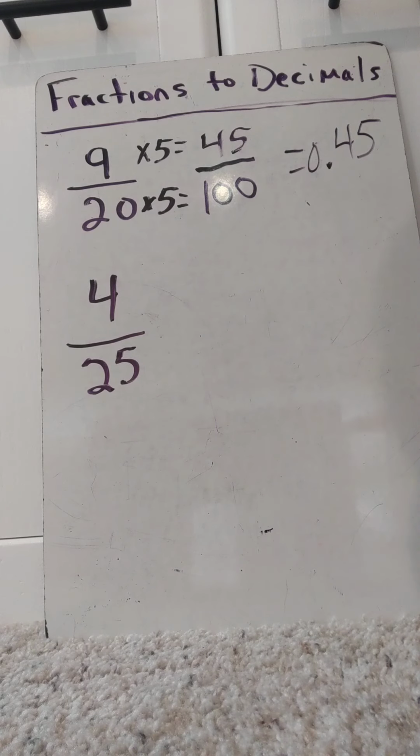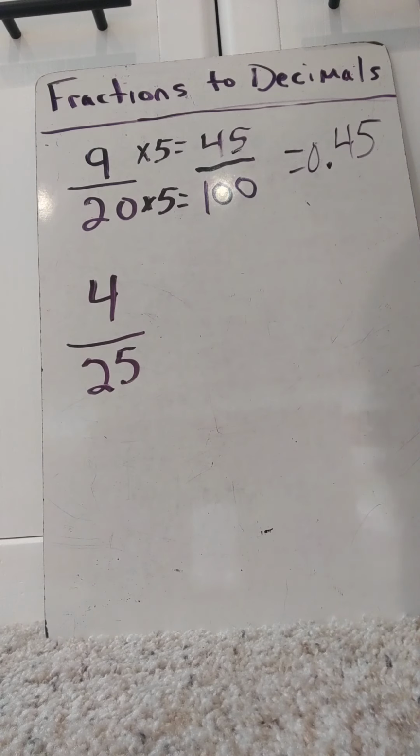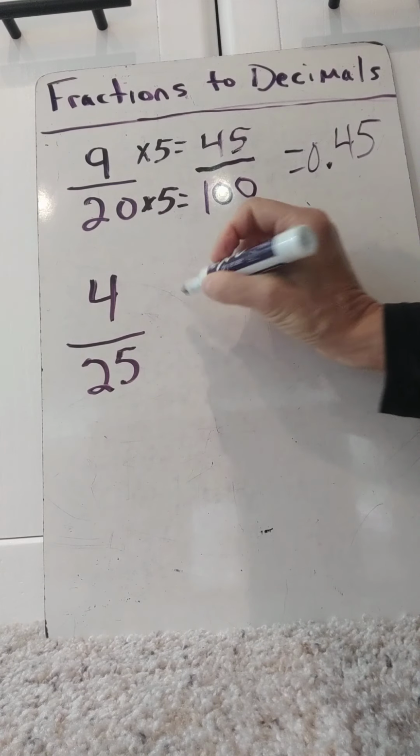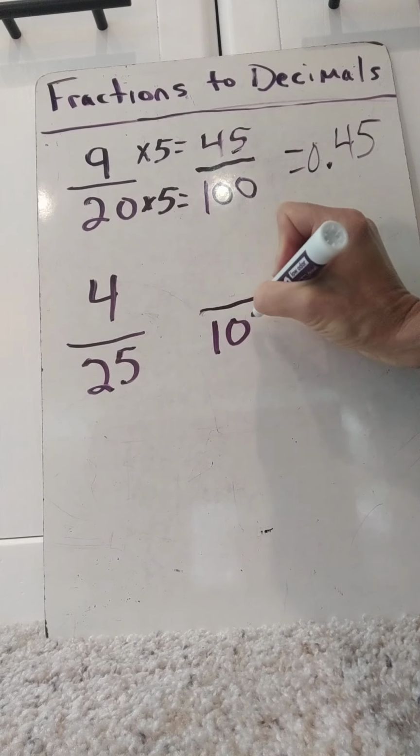The first thing, remember, that you always have to do is try to get the denominator. You're going to make an equivalent fraction. And you want that new denominator to be either 100 or 10, whichever one is easier. Well, again, in this case, 100 is definitely easier to get to, okay?